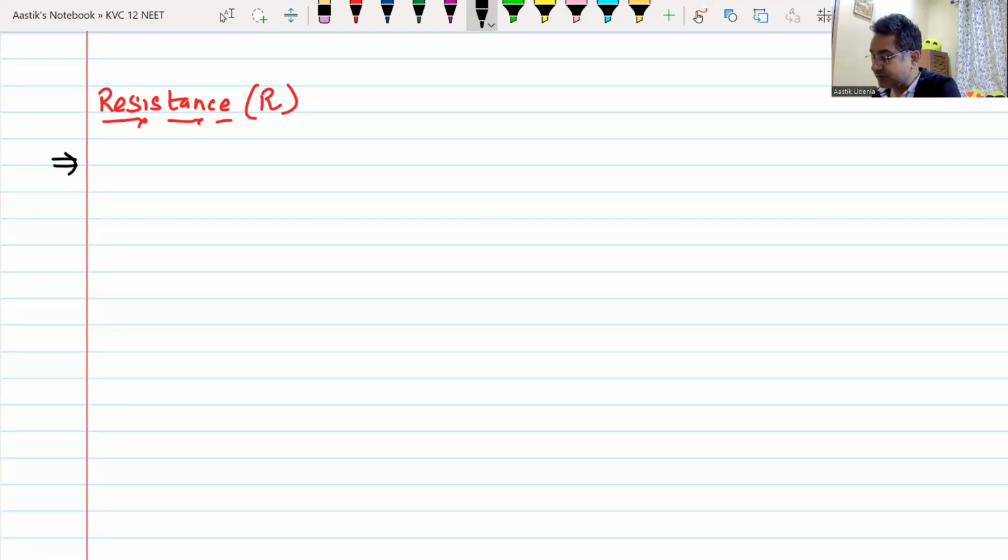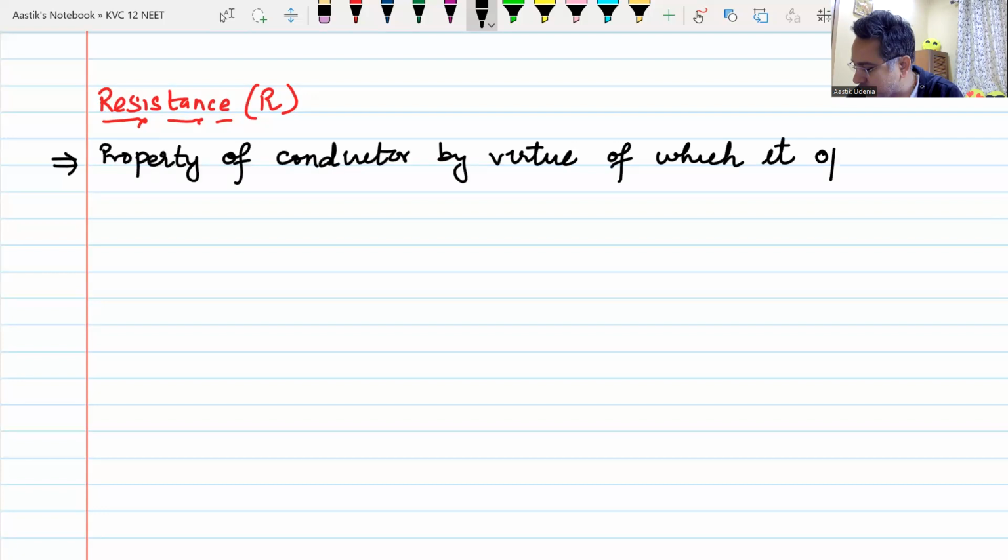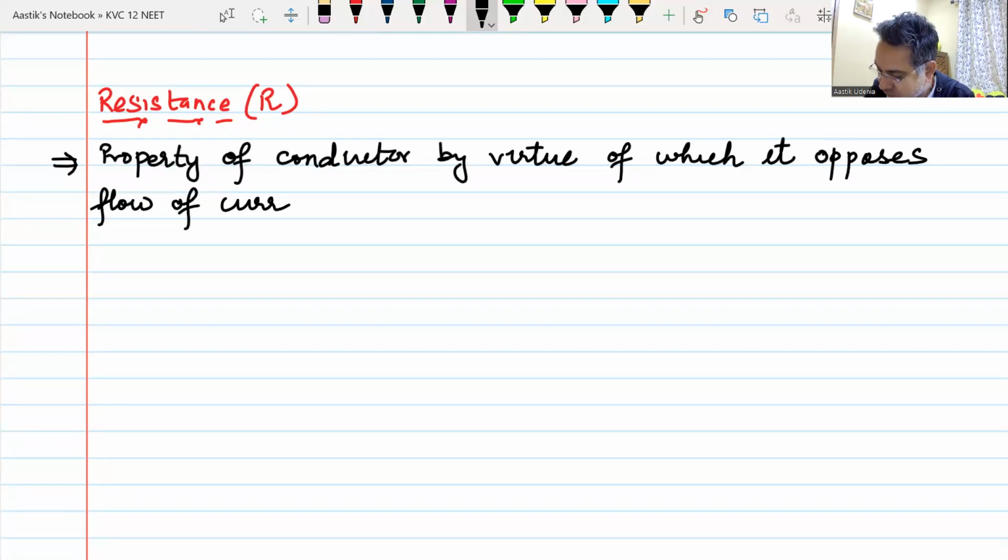Resistance of the conductor is a property of the conductor by virtue of which it opposes the flow of current.